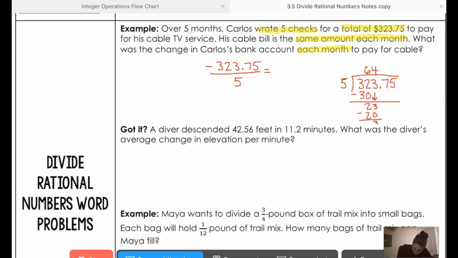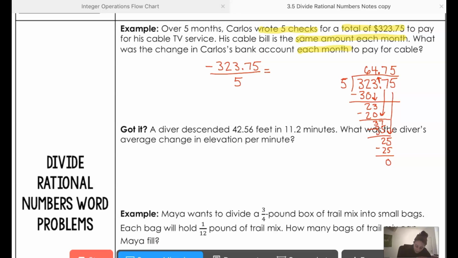Subtract, get 3. I'm going to run out of room. 5 goes into 37. Got to put my decimal, bring that up. Don't forget about that. 5 goes into 37 7 times to get 35. Subtract, we get 2. Bring down the 5. And 5 goes into 25 5 times. And that's no remainder left.